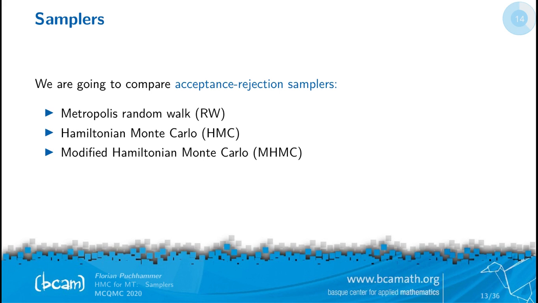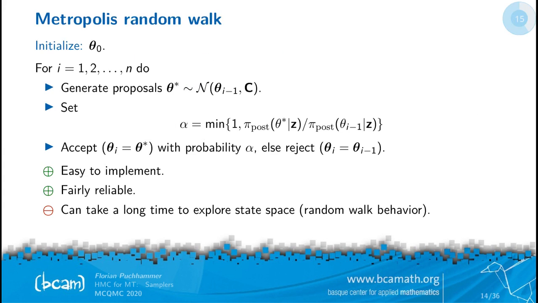Okay, now to the samplers. As I already told you, we use three different acceptance-rejection samplers: Metropolis random walk, Hamiltonian Monte Carlo, and Modified Hamiltonian Monte Carlo. I don't think I need to point out to you what random walk actually is, only that sometimes it takes a long time to explore the state space, and this is a big downside in terms of efficiency.